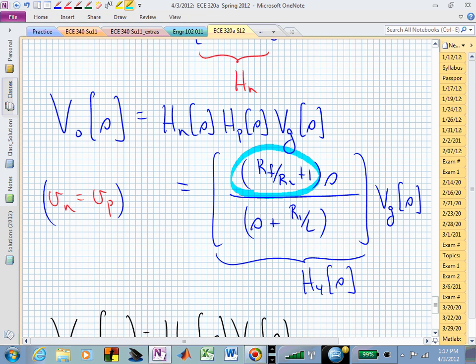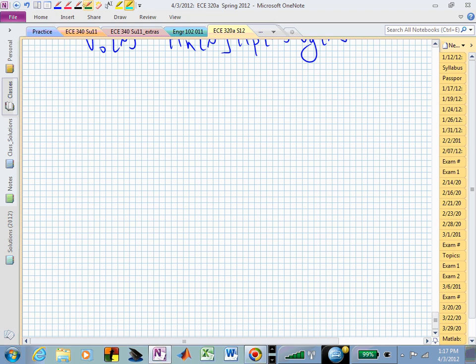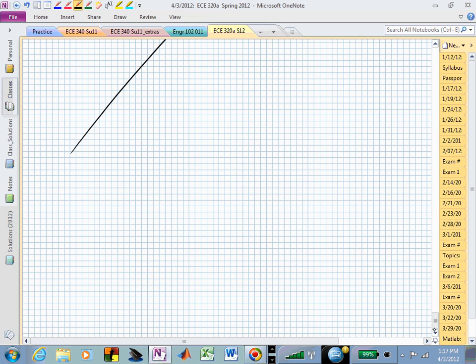And if you looked at this, this is just like what we had before. It's just that now our values might have changed a little bit, but the structure of our frequency response looks the same. And it's going to break at the same location. Let's now talk about combining.